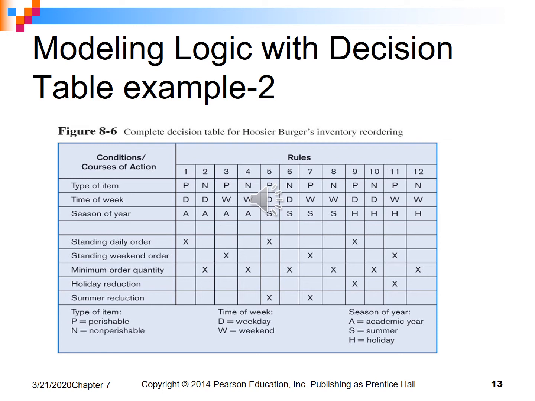But if it is not a perishable item, and the time of week is again weekday, and the season academic, it's the minimum order quantity. They just send them the minimum order. If you see that one, the minimum order, it is the same. It looks like for all activities of minimum order quantity, it is for rules 2, 4, 6, 8, 10, and 12.